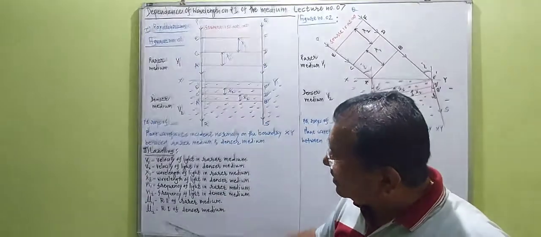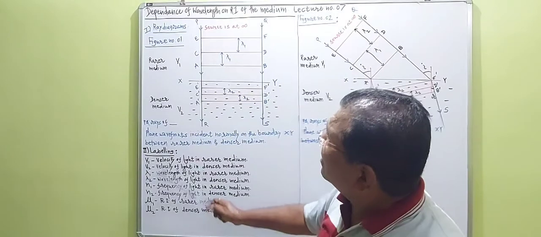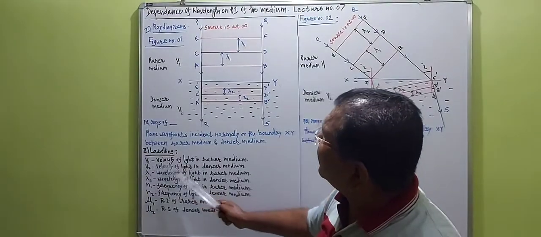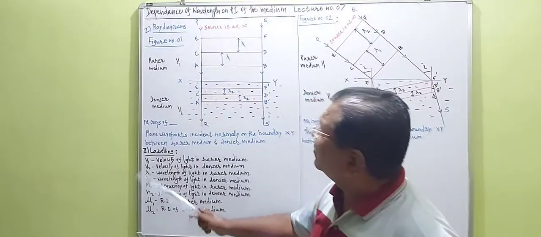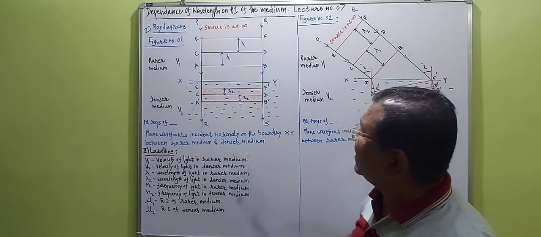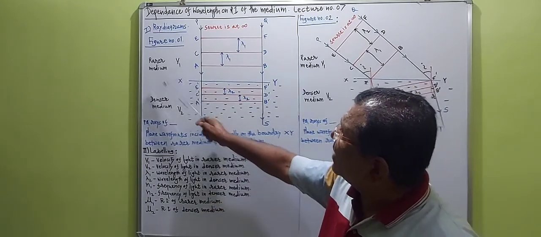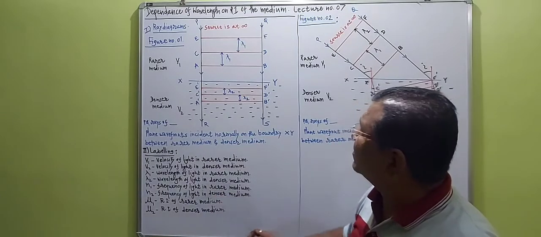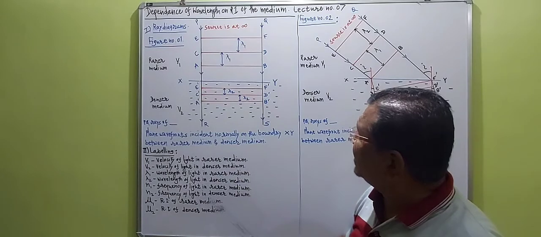All those things I have written in the labeling. I will read here. v1, velocity of light in rarer medium. v2, velocity of light in denser medium. Lambda 1, wavelength of light in rarer medium. Lambda 2, wavelength of light in denser medium.